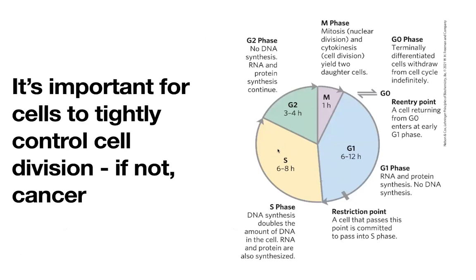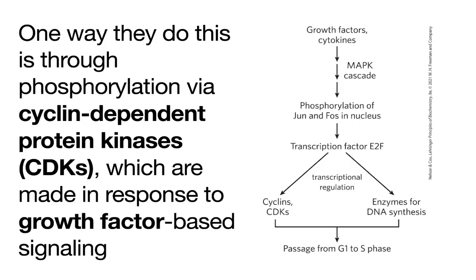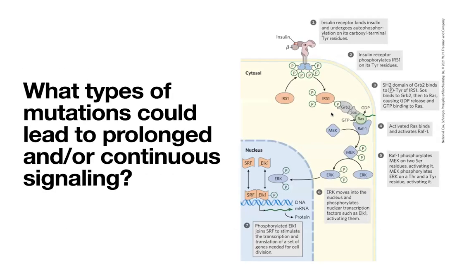In S phase, they're making DNA and preparing to divide. These signaling factors help tell the cell to divide. And you can imagine that you could have mutations in all sorts of different places that could cause this to happen.